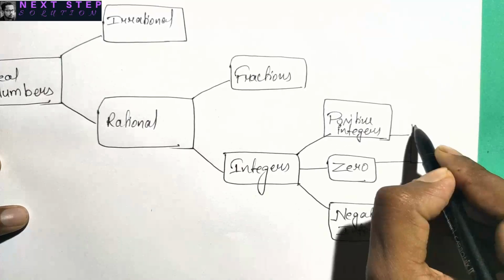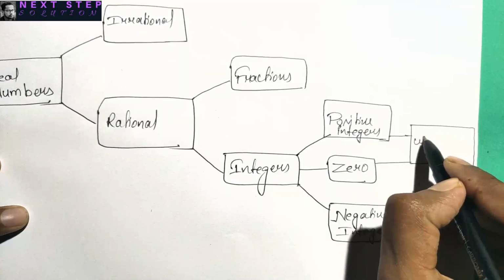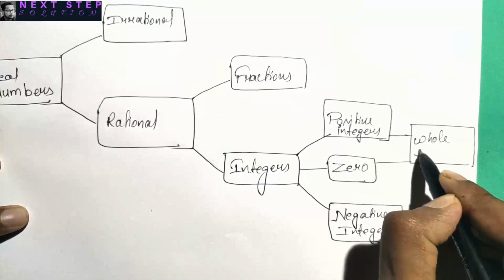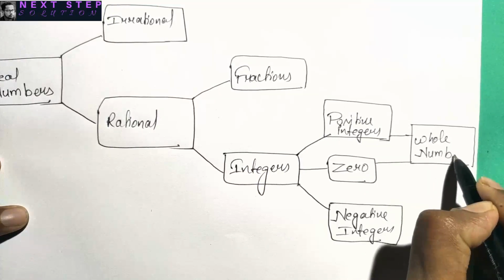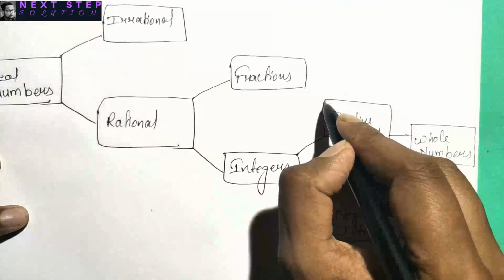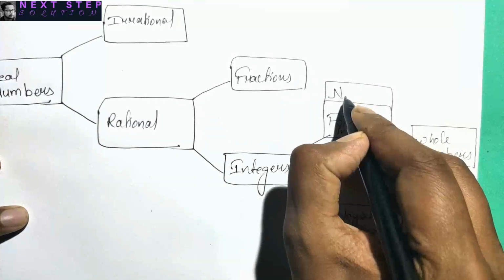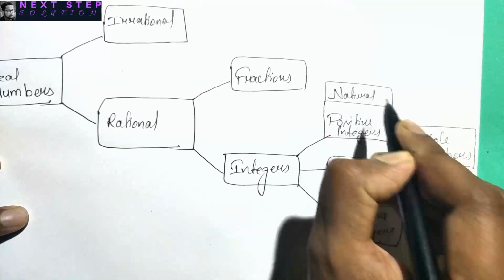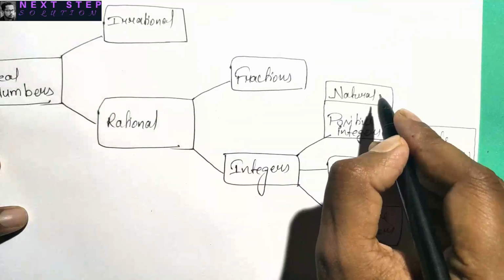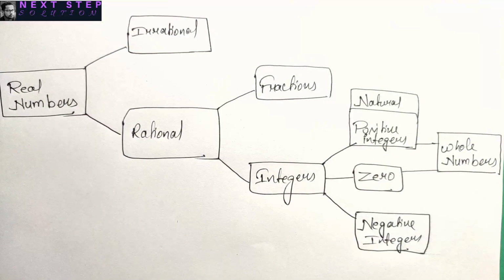You have studied this thing in class 9. Whole numbers. And positive ones have another name, natural numbers, which we use for counting. Now, you can take a screenshot of this, print it and paste it on your wall.